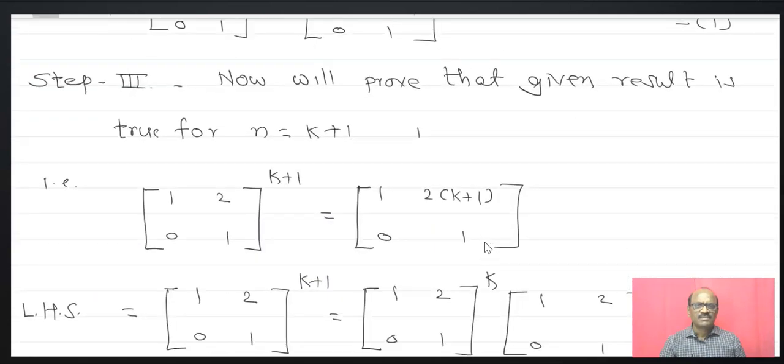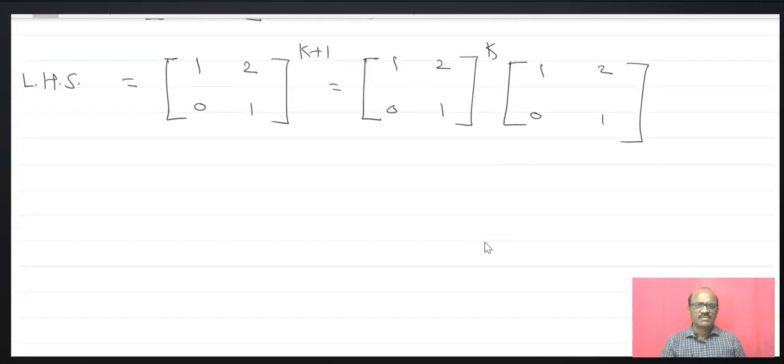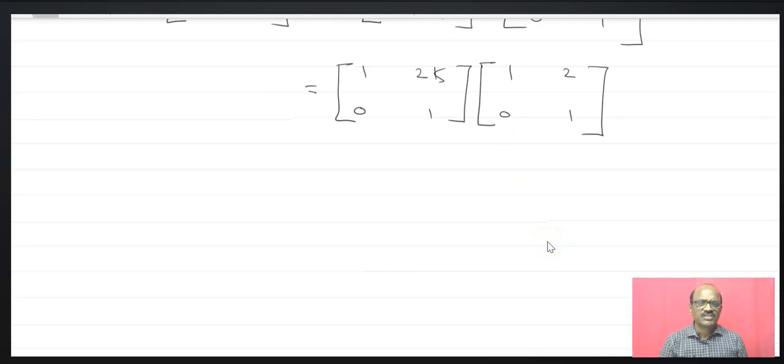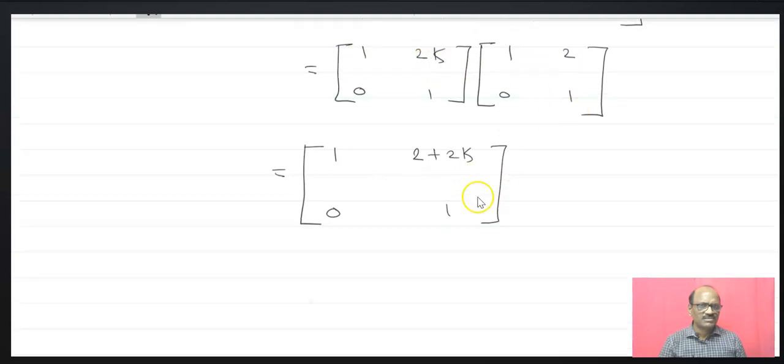Therefore, we'll substitute the value. That is [1 2k; 0 1] from the result, times [1 2; 0 1]. Now the multiplication of the values. First row, first column: 1 into 1 and 2k into 0, that is 1. Now 1 into 2, that is 2, and this is 2 plus 2k.